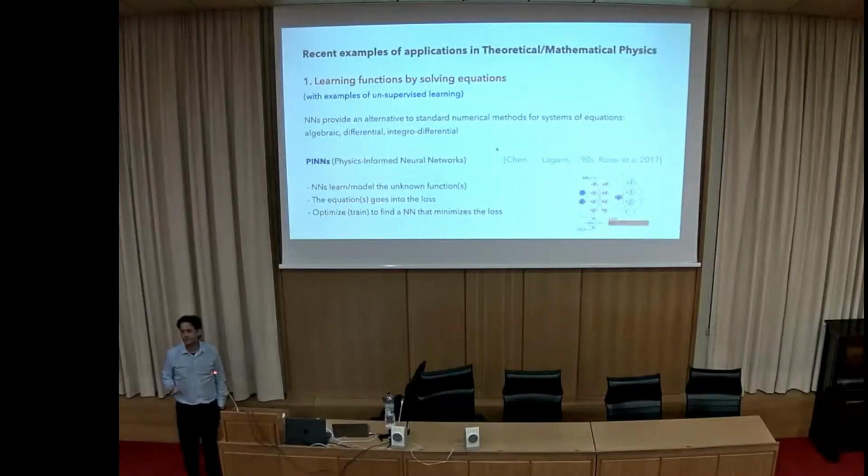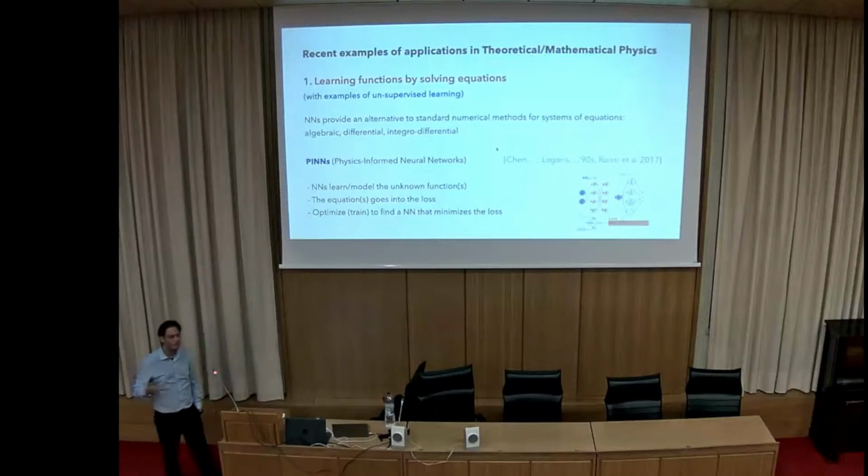And these equations can be very general. They can be systems of algebraic equations, systems of PDEs, integral equations, whatever. The name of the approach here is PINN, physics-informed neural networks, because you try to fit a function that satisfies an equation. For a computer scientist, an equation that comes from physics already tells you that this is a physics-informed neural network, although you could use it for other purposes.